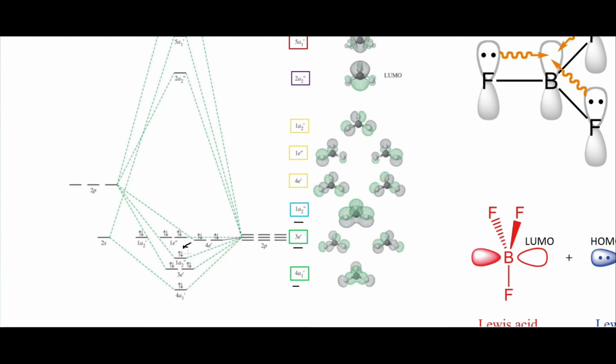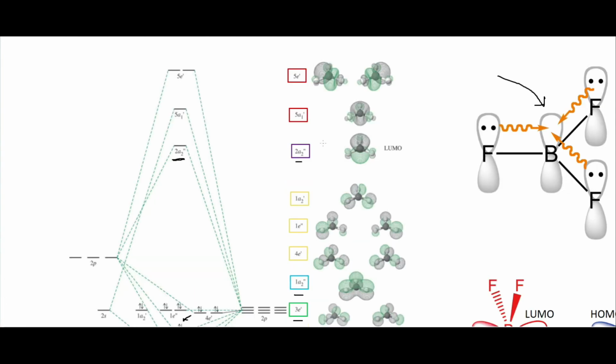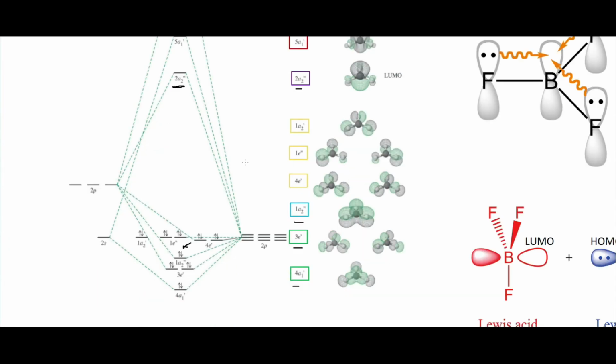Well, it's mostly non-bonding, but what's interesting about it is that it also forms this anti-bonding up here, which I have in purple. And so this is the lowest unoccupied molecular orbital. That is that sort of empty orbital here on the boron, which can act as an electron acceptor. And I'll actually talk about that in some future videos when I start talking about acids and bases and Lewis acids and Lewis bases and things like that.